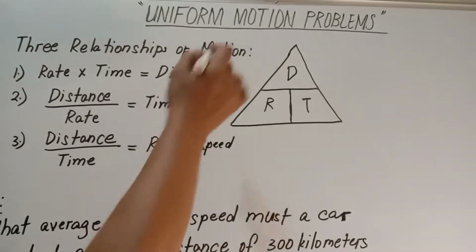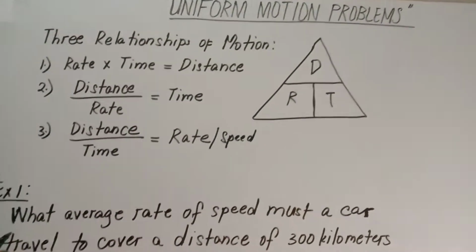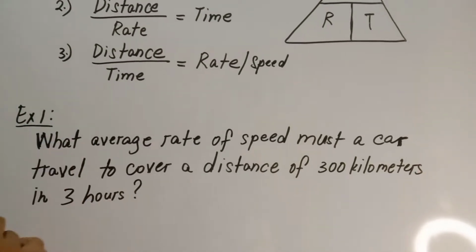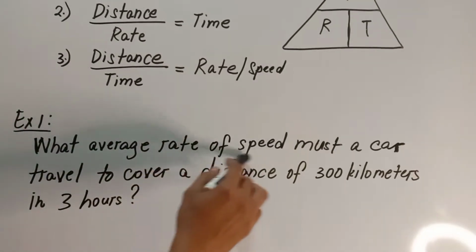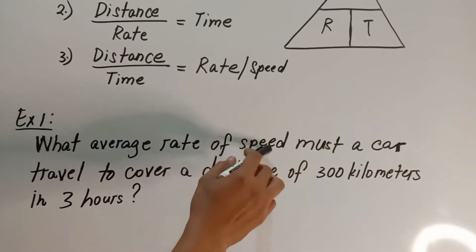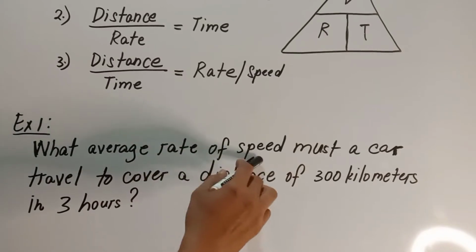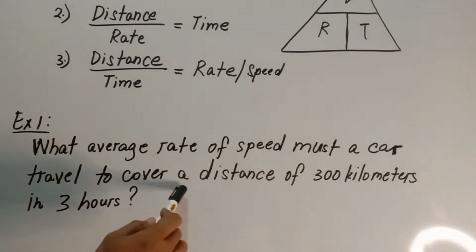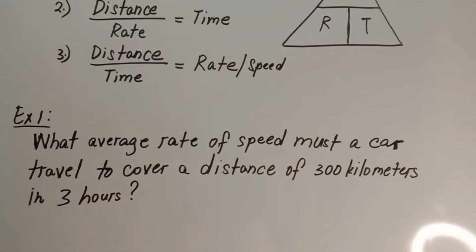I have here example 1 regarding a motion problem. It states: what average rate of speed must a car travel to cover a distance of 300 kilometers in 3 hours?